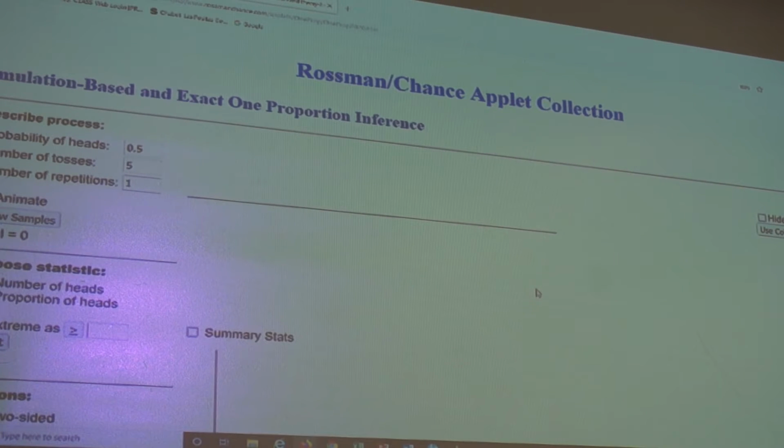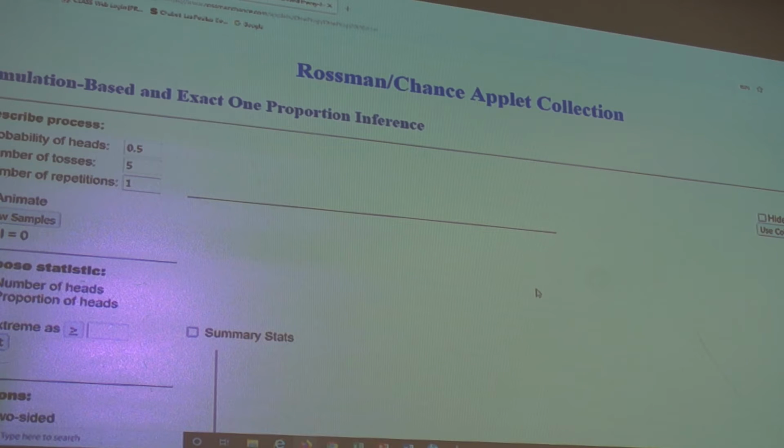Rossman Chance applet one prop. Oh, so you guys all have it? Yeah, the Apple phones do weird. They're just strange. You get here, but you get here a little bit harder.